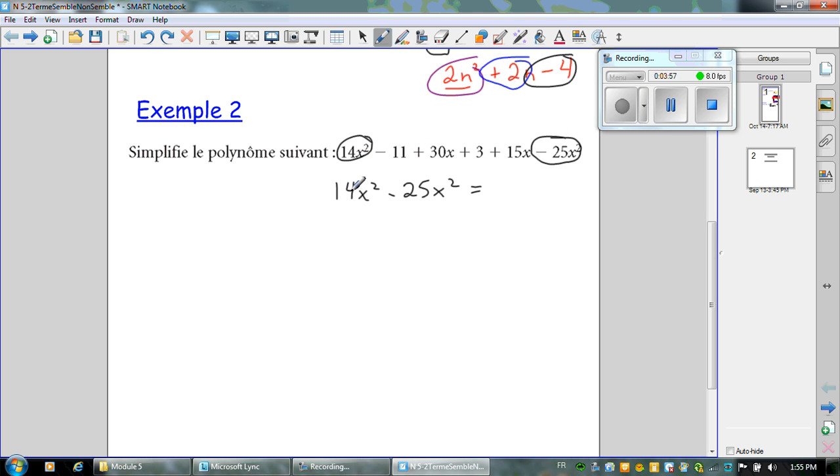So the difference between 14 and 25 is 9, negative 9x squared. Like I said, the difference, negative 9x squared. Now I'm going to look at my degree 1. So I have 30 here and 15. So 30x plus 15x is going to give me 45x.